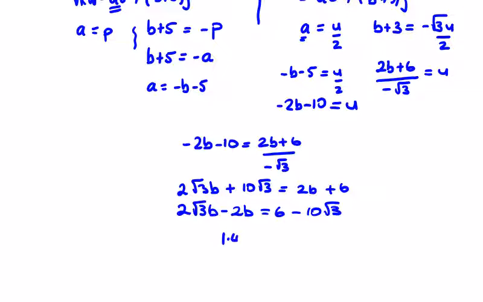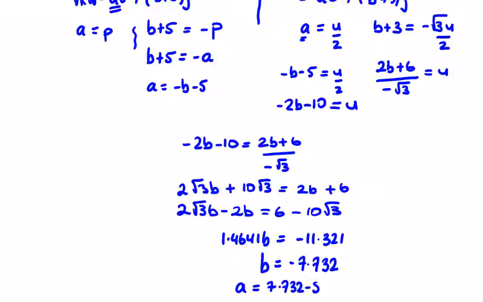This gives me 1.4641b, that's going to be equal to minus 11.3205. So that will give me a value of b of minus 7.732, and we know that a is equal to minus b minus 5, so a is equal to 7.732 minus 5, which is 2.732.